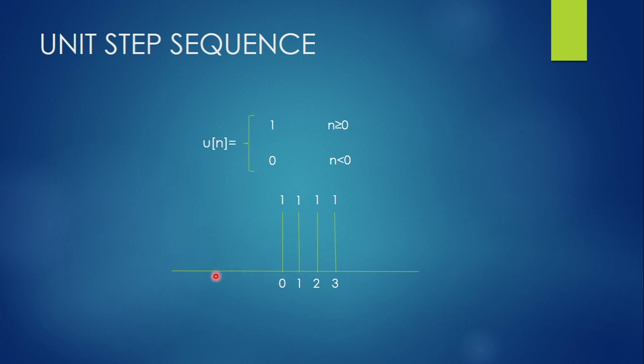For -1, -2, -3, -4, all these are 0 values. So unit step sequence u(n) can be mathematically represented as u(n) has a value of 1 for n equal to 0, 1, 2, 3, 4, that is the positive values of the samples. For the negative values of the sample, it has the value of 0.